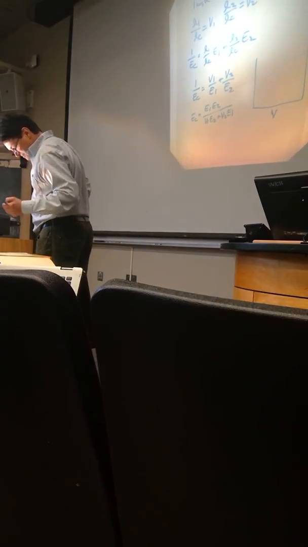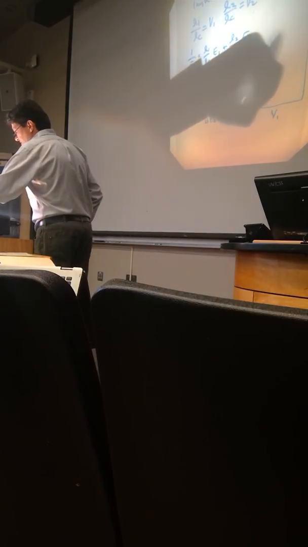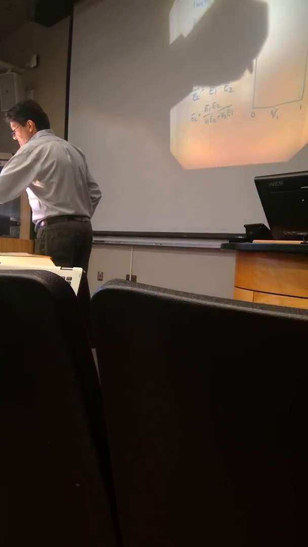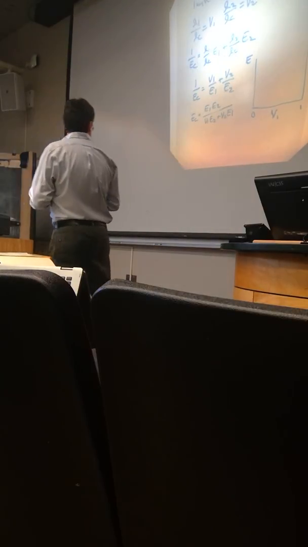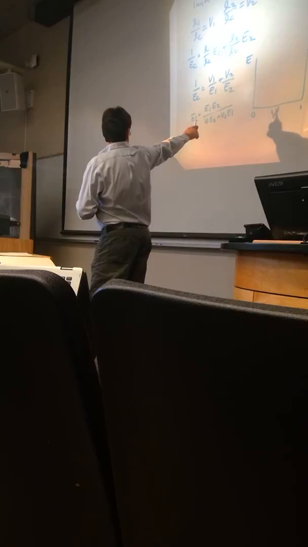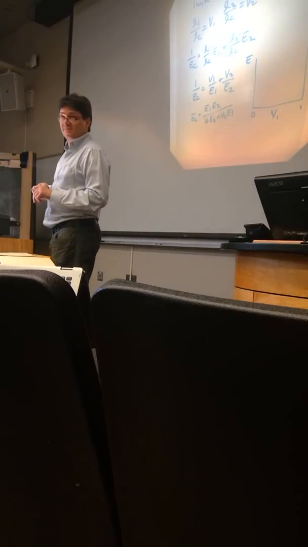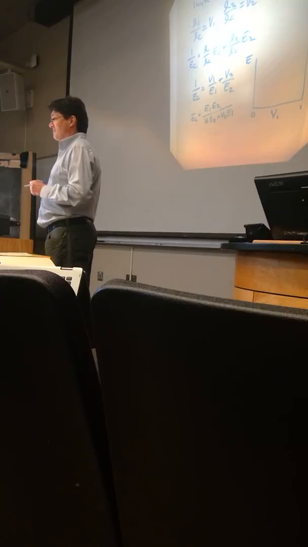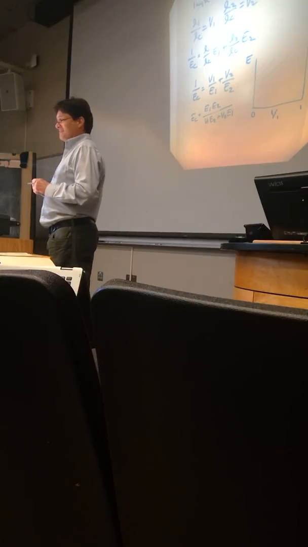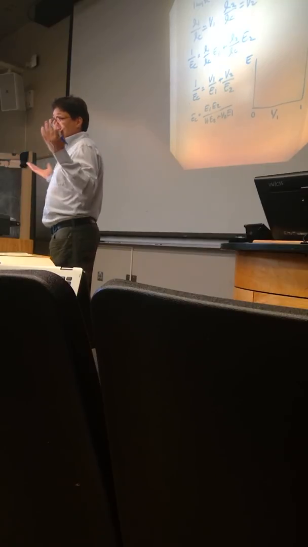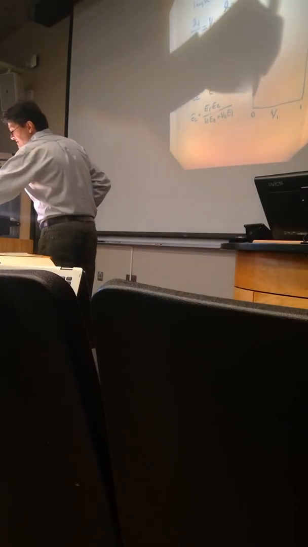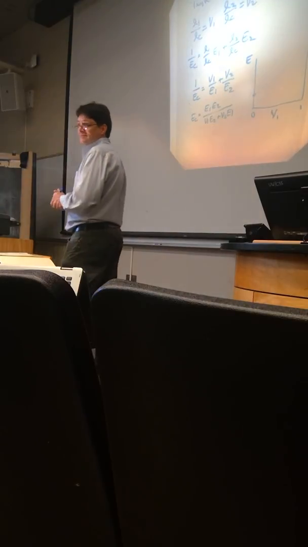volume fraction of 1 from 0 to 1 with elastic modulus. If you have 0 volume fraction of 1, what's the E of the composite? It's the same as the other answer, right? It's E2. Has to be.